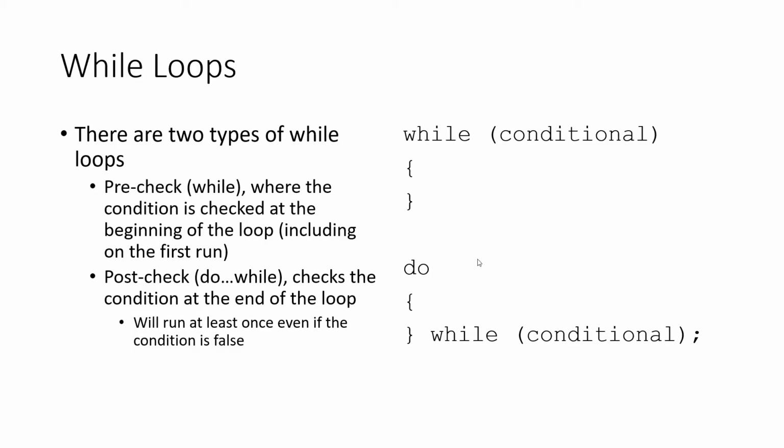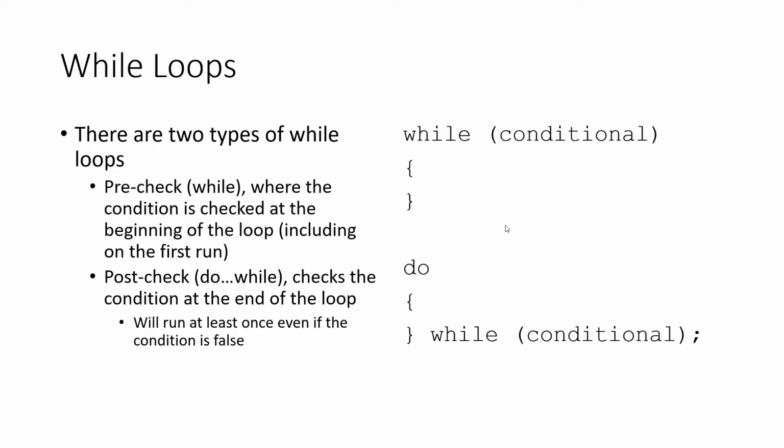Additionally, it's important to note that in a standard while loop, there is no semicolon after the while statement or after the curly braces. If you put a semicolon at the end of the while statement, your entire loop will execute only on that semicolon, and it will become some form of infinite loop.